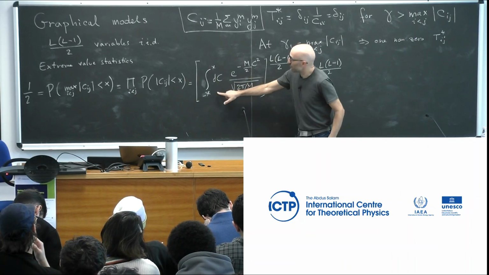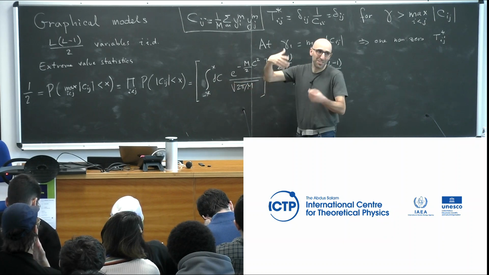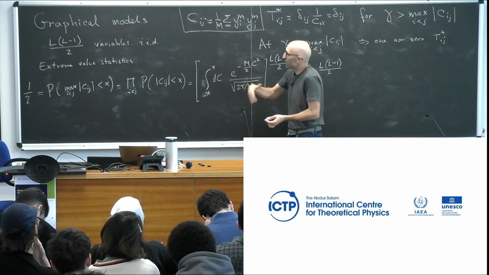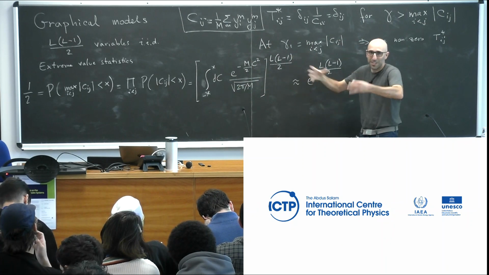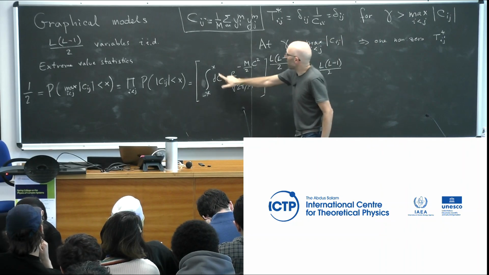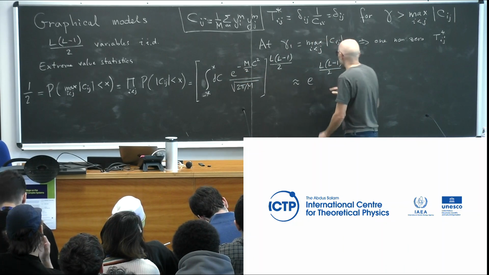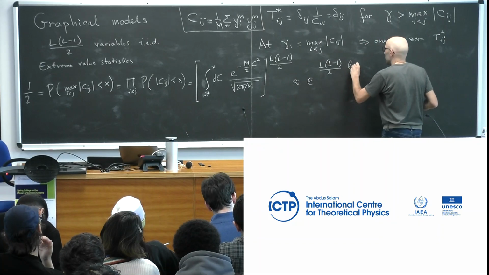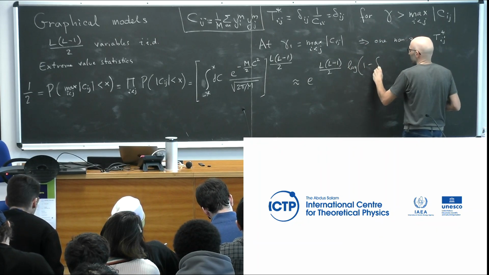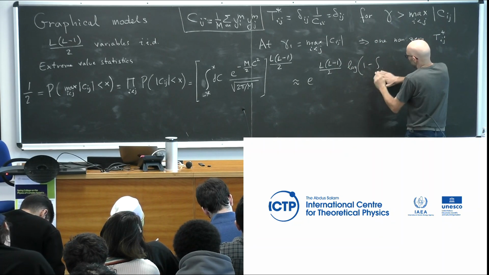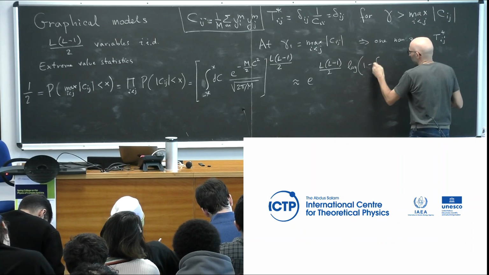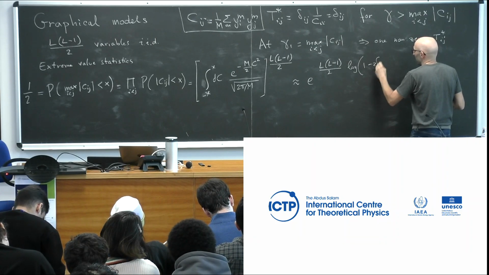This is the integral of a Gaussian. I know that x is going to be large because if I take the maximum of many things, it will be large. So x is large, and this thing is close to 1. So I write it as the exponential of the log of 1 minus twice the integral between x and infinity.